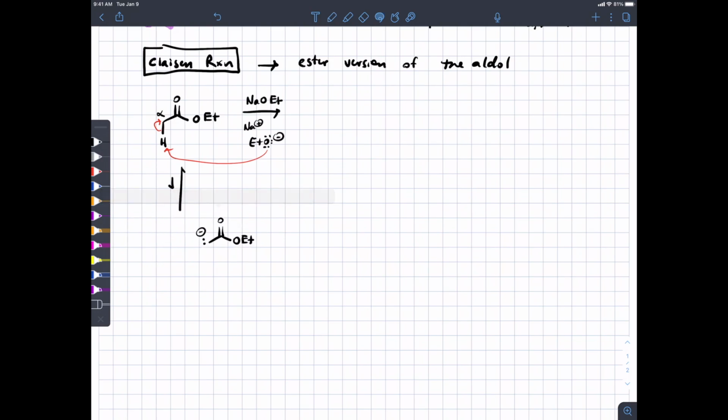And then this enolate will attack another molecule of ester that's so far not been deprotonated. That attack generates, as we saw in the aldol reaction, a tetrahedral intermediate with a negatively charged oxygen. And just to be clear, we'll use the same labeling scheme.